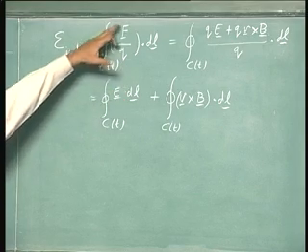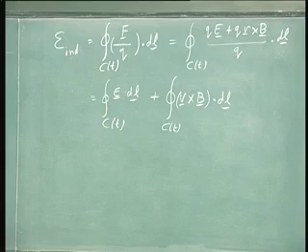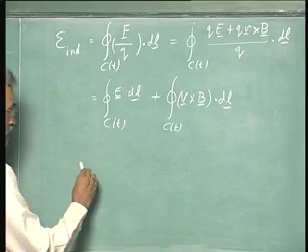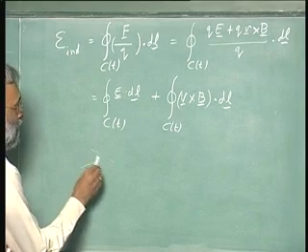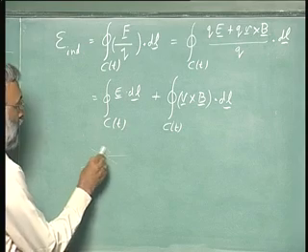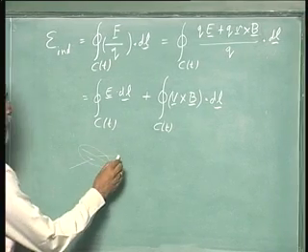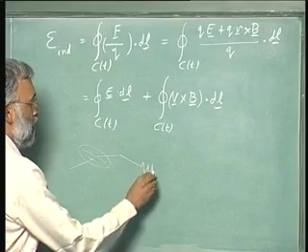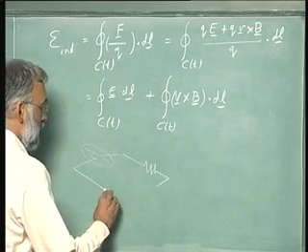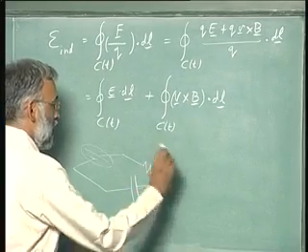Now why do I say induced EMF is force per unit charge? Just think of a circuit. I've got something, I don't know what it is, I'm denoting it as a battery, and I have a circuit, let's say a capacitor and a resistor.